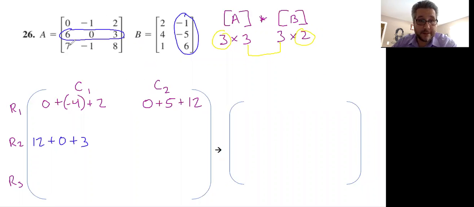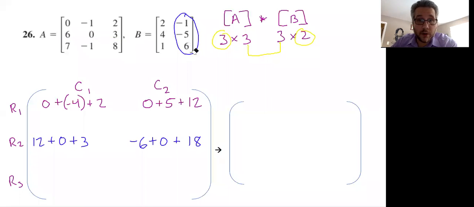Multiply like elements. First times first. 6 times -1 is -6, plus middle, 0 times -5 is 0, plus 3 times 6 is 18. That exhausts row 2.